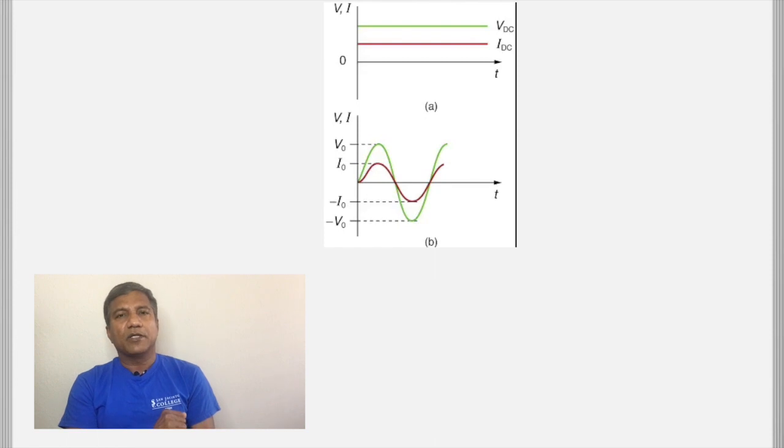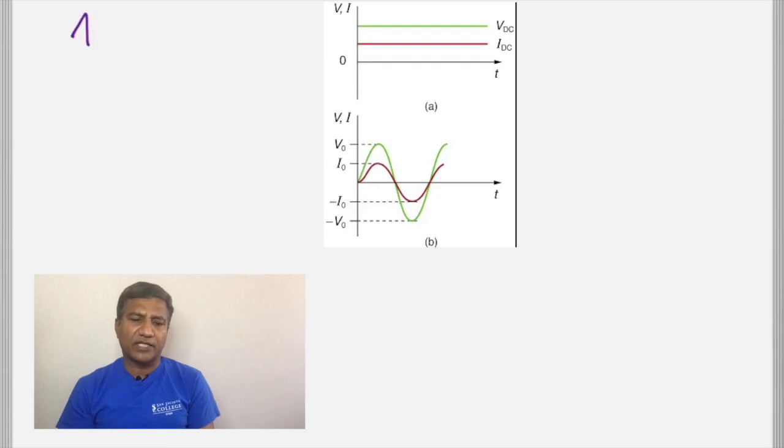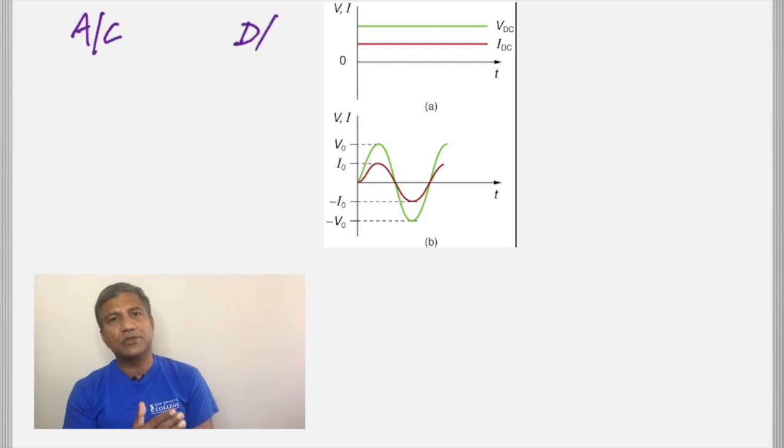And once we try to take the average, we take it in a particular way, because if you simply take the average of this, you're going to get 0, because there's equal positive and negative. So you take it in a particular way, and then you get what's called the RMS value, the root mean square value.